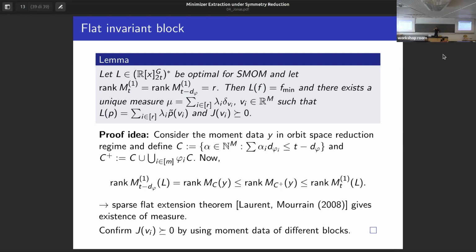So you would have a non-finitely atomic representing measure in the original frame, which would be finitely atomic and unique in the adapted setting. I see what you're saying. So I think that would be cool.